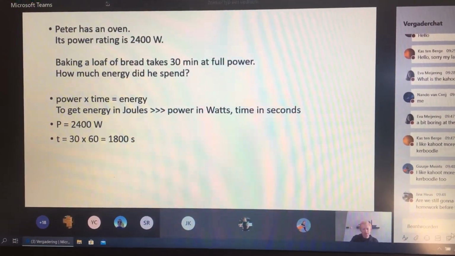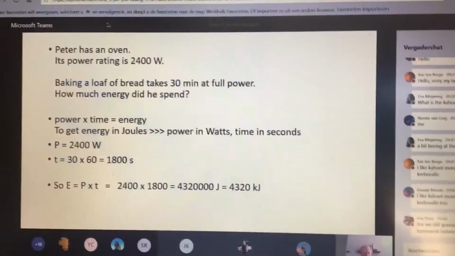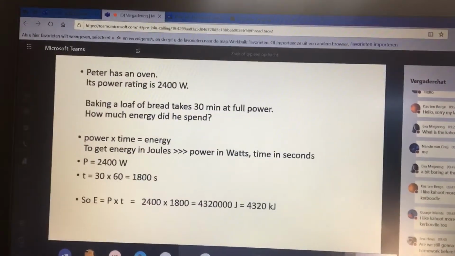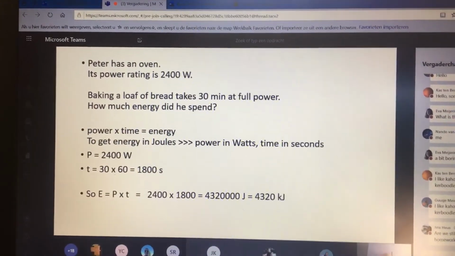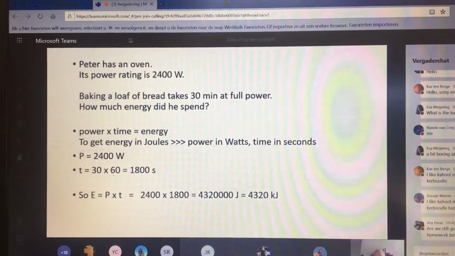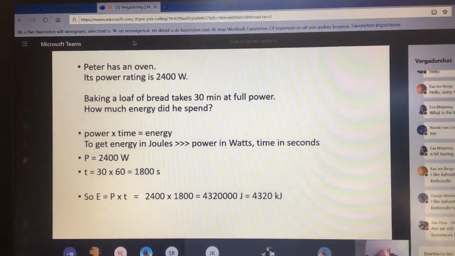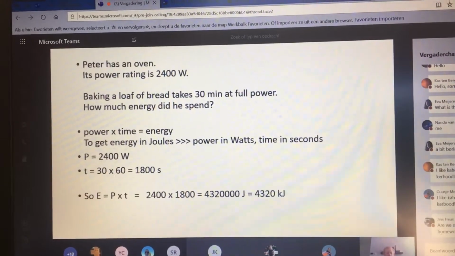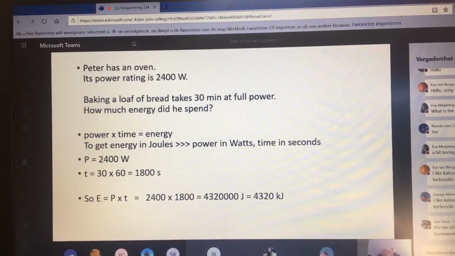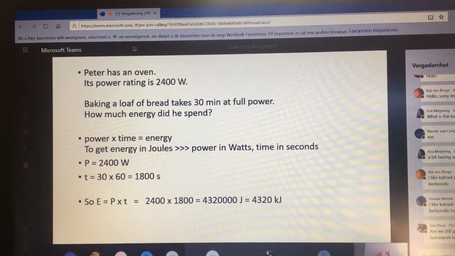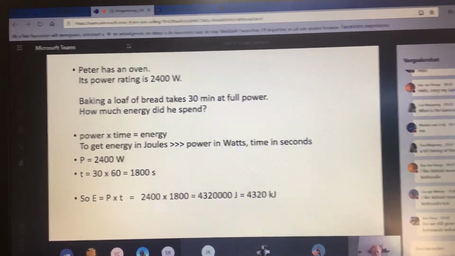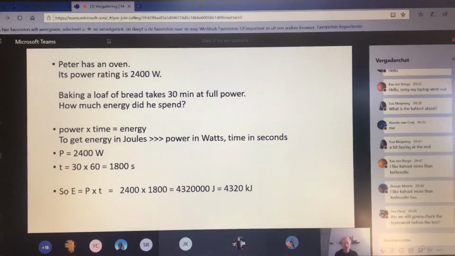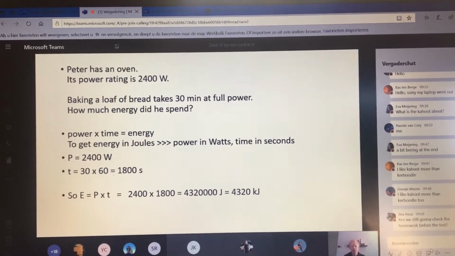You put that in the formula, so you multiply power by time and you get the energy, which is 4,320,000 joules, which seems like a lot, but a joule is actually not that much energy. So this is correct. I also converted it to kilojoules to make the number a bit smaller.